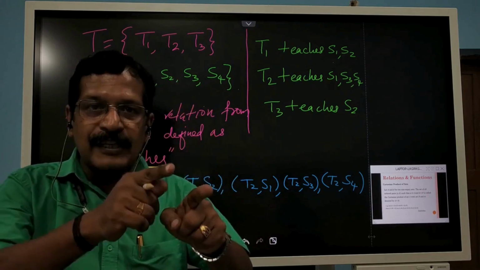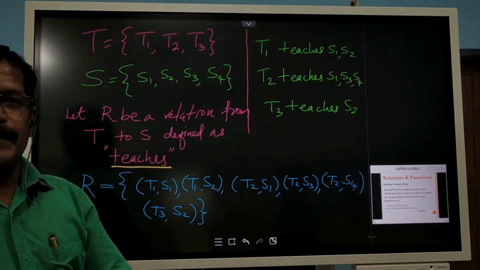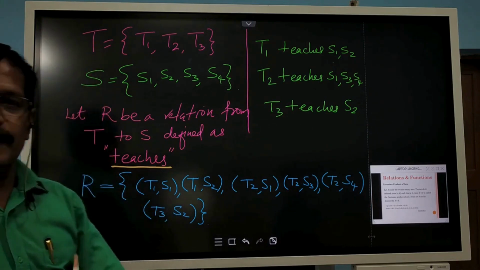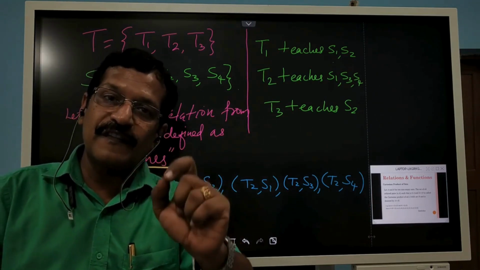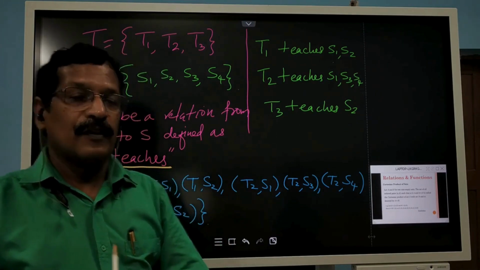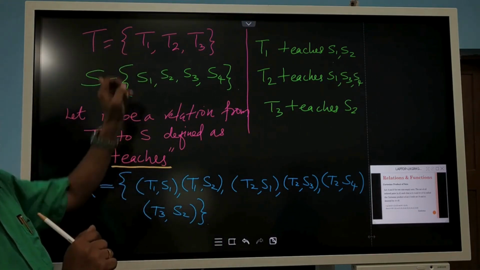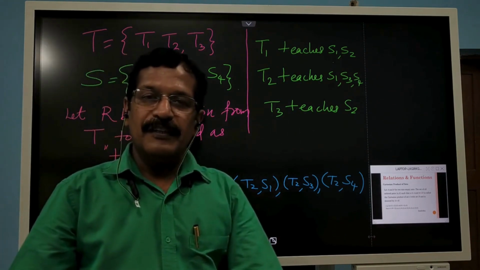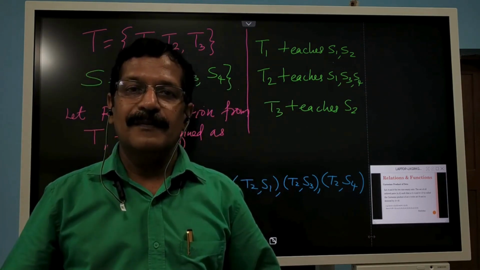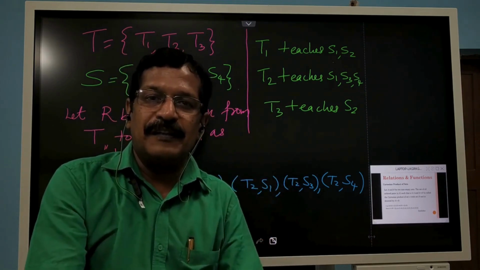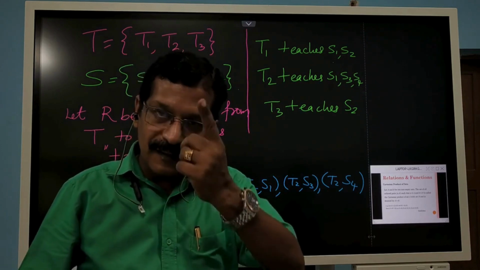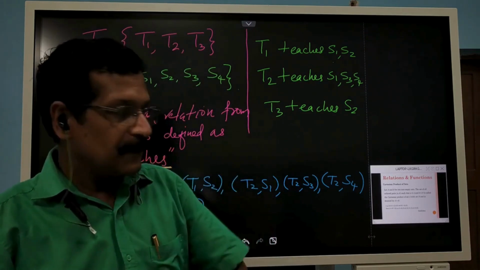Think about T cross S and this R. Every element of the set R is an element of T cross S. If every element of a set is an element of T cross S, then it is a subset of T cross S. So this relation R is a subset of T cross S. It means that a relation from T to S is a subset of T cross S. So the relationship in our daily life is now connected to mathematics. That is the definition of relations.